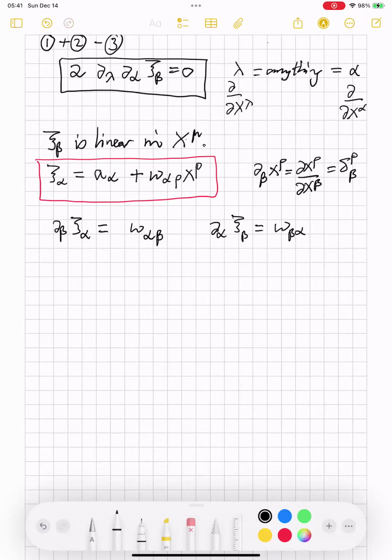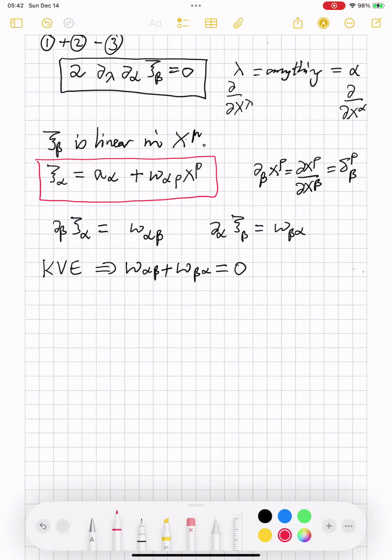So the Killing vector equation, which tells me that d beta zeta alpha is equal to 0 and d alpha zeta beta is equal to 0, what does the Killing vector equation imply? If I plug these in, it tells me that omega alpha beta plus omega beta alpha is equal to 0.